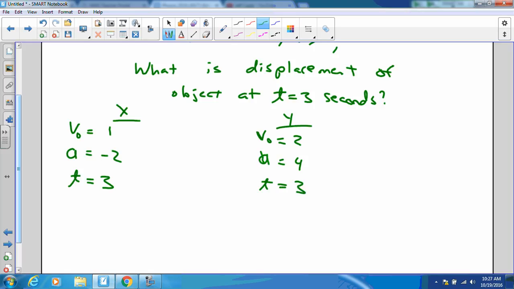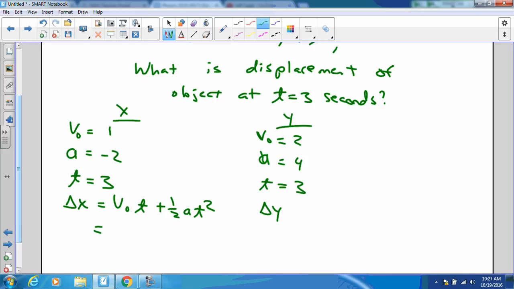And now we're trying to find what quantity? Delta X over here, and delta Y over here. Good. All right, what equation should I use? Delta X equals v0 T plus one half a T squared. You got it. Can you do it in your head? 1 times 3 plus one half of negative 1 times 3 squared.